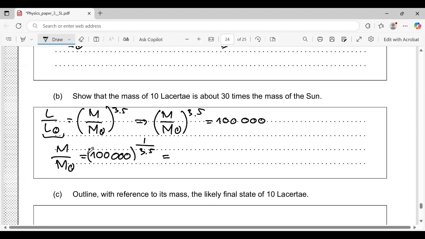If you calculate, the result is 26.8, or based on this information, approximately 27. But I would like to approximate it to 30 times the mass of the sun.